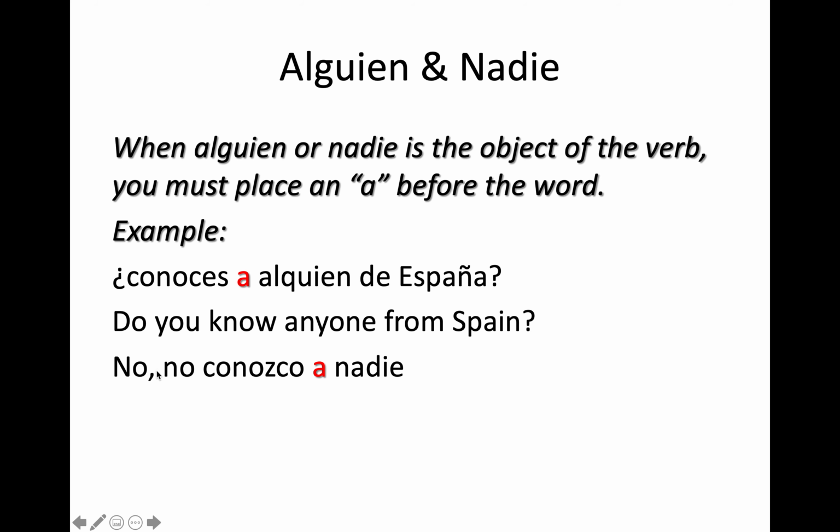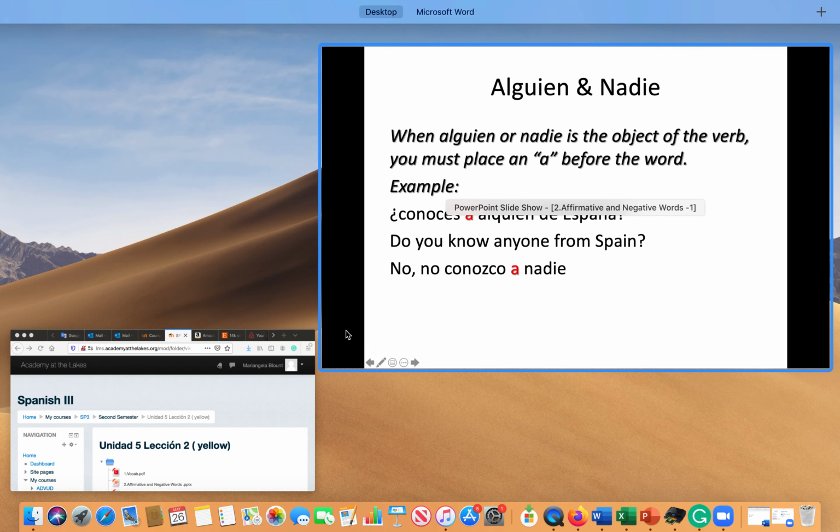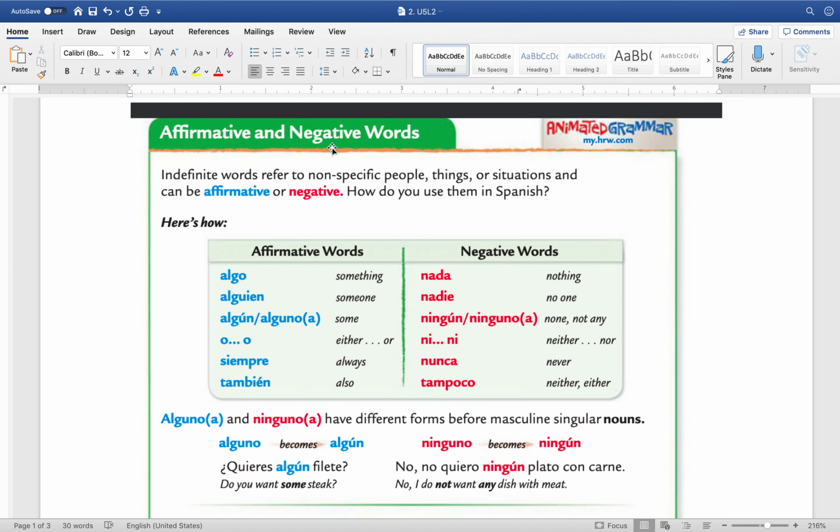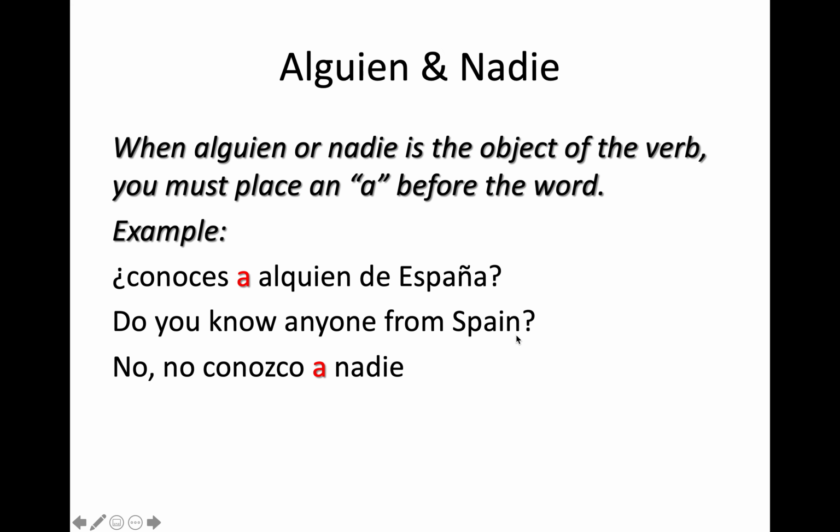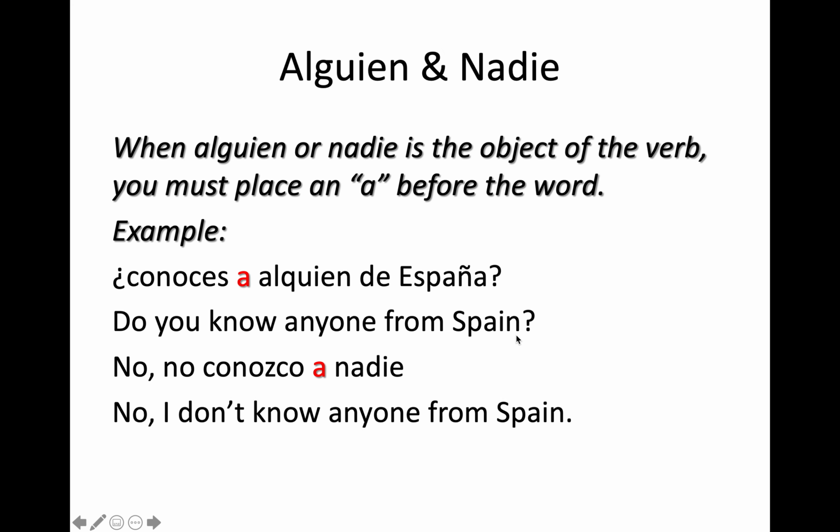But again, when you answer a question in Spanish and the answer is no, you have to have no, comma, another no, and then the negative word, which is nadie in this case, because you don't know no one, right? And nadie, when you go here, means no one.